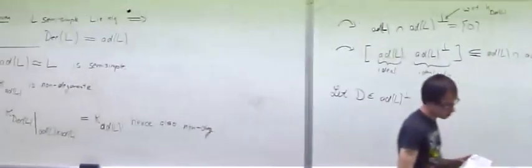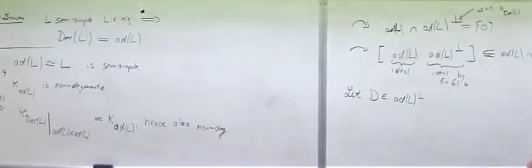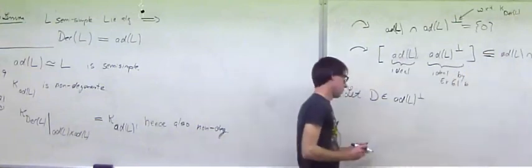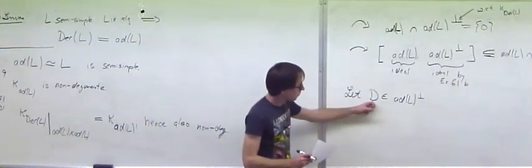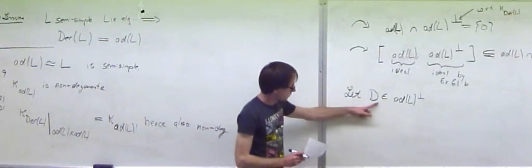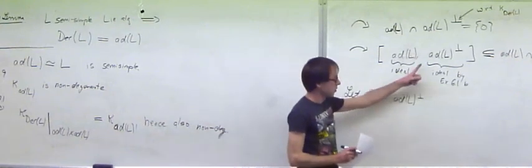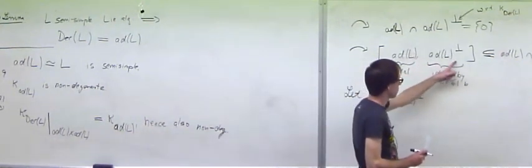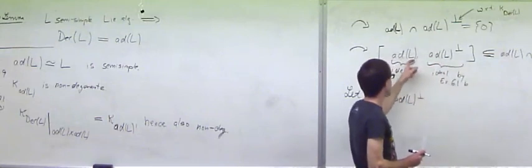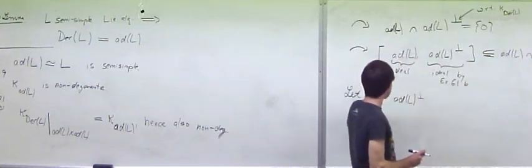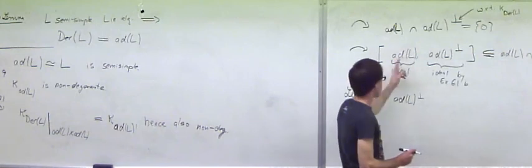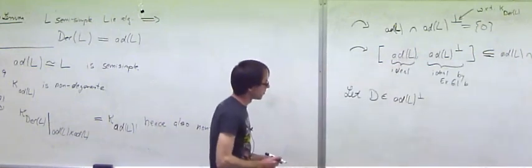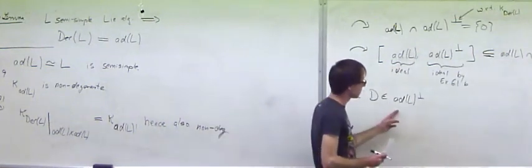Maybe I indicate. So let's consider a derivation D which is orthogonal to all derivations of the form ad x for x an element of the Lie algebra.